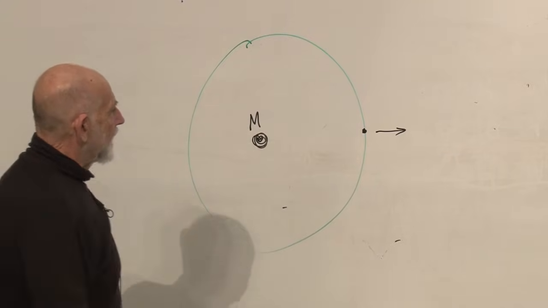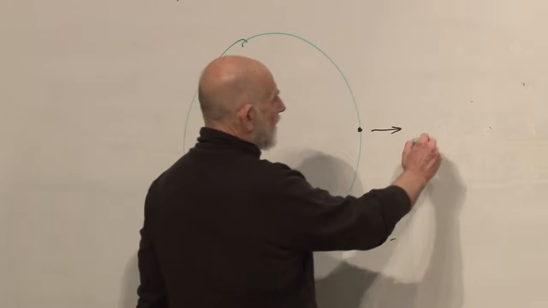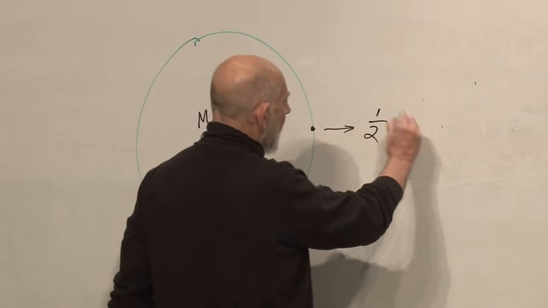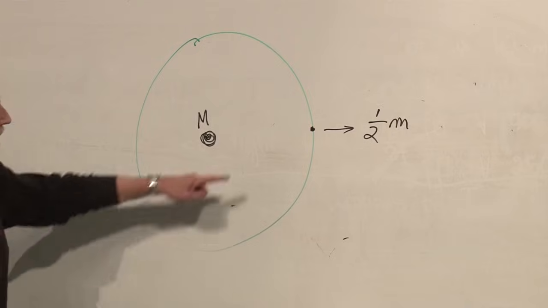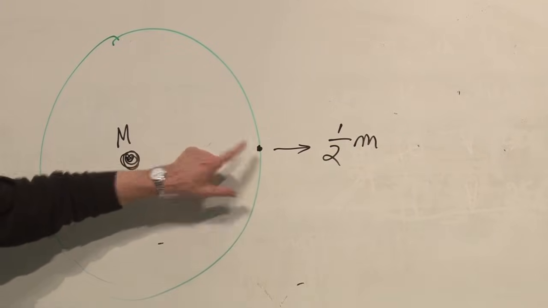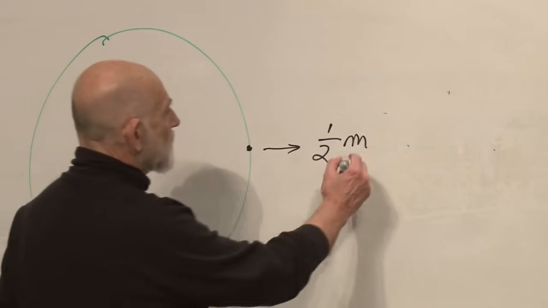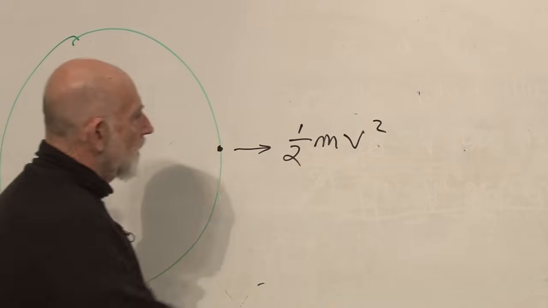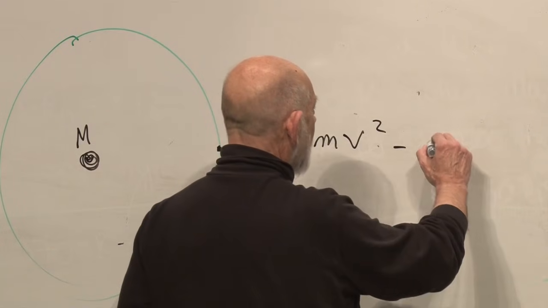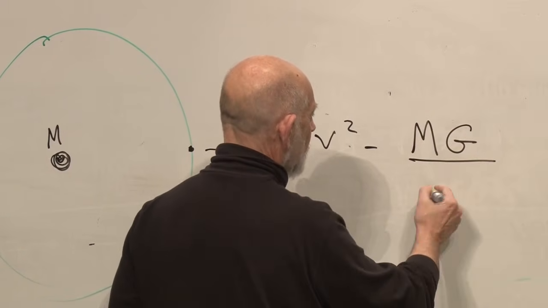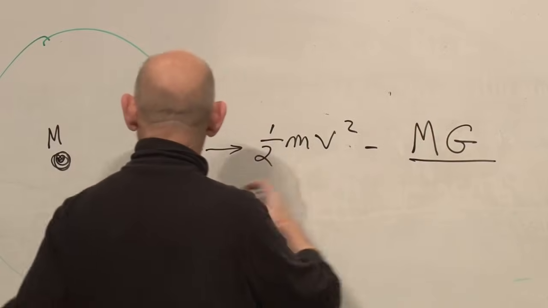Okay, and the energy of this fellow over here is 1/2 m, where little m is the mass of this galaxy, not the big mass in here, times its velocity squared. That's one term. And then the other term is minus mMG over the distance between them.